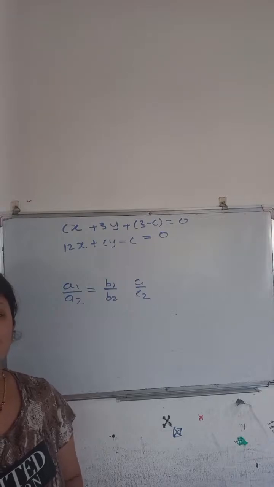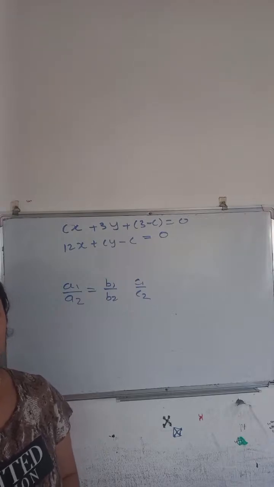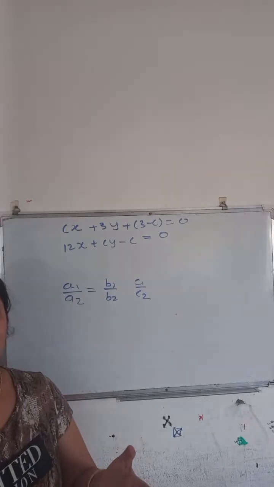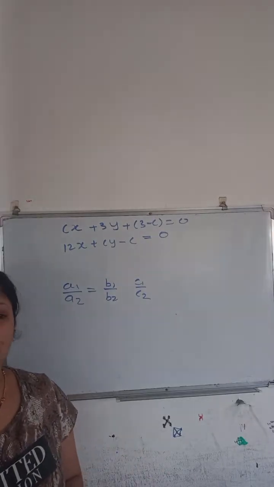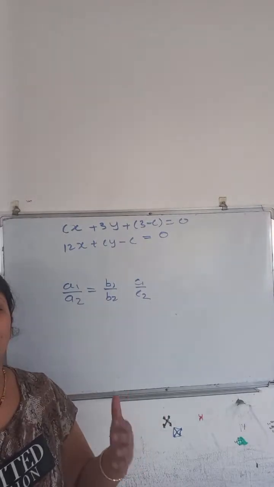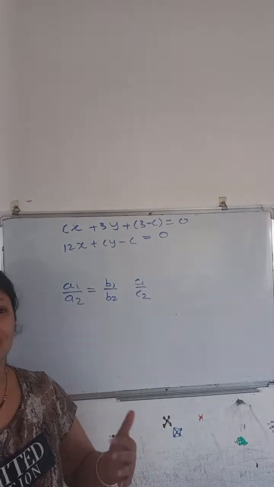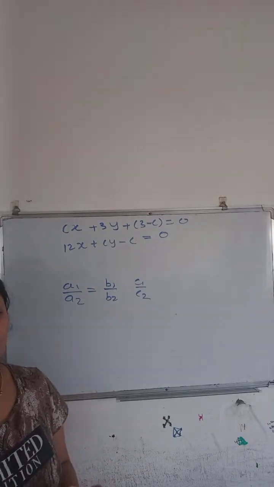Infinitely many solutions means the lines are overlapping with each other. As they are overlapping, their coordinates must be the same, so they have infinitely many solutions.